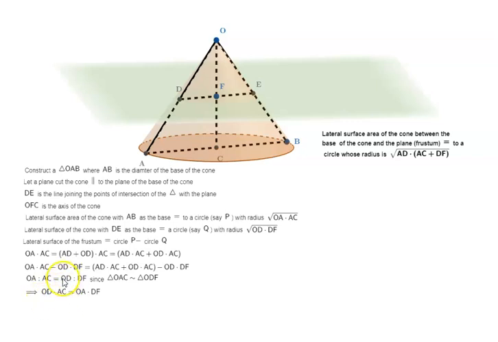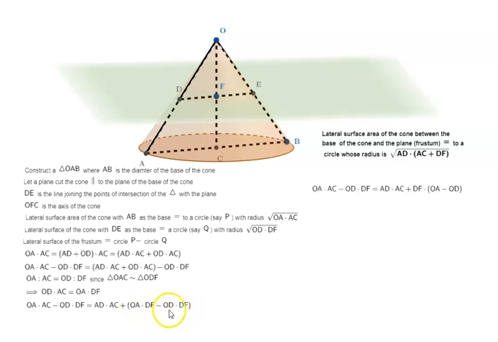So OD times AC is equal to DF times OA. OA times AC minus OD times DF is equal to AD times AC. We write it as it is, and we take OD times AC minus OD times DF. But OD times AC is equal to OA times DF minus OD times DF.